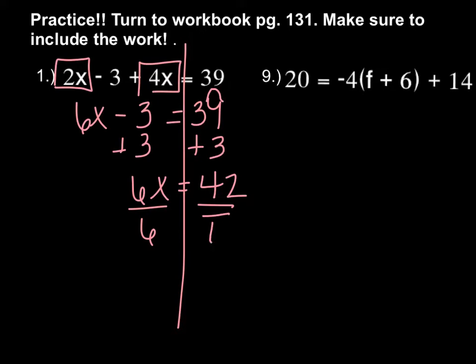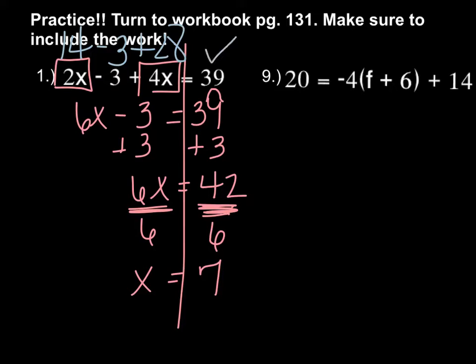Divide by 6. X equals how much? 7. Very good. And if I'm unsure, you can always substitute. 7 times 2 is 14 minus 3 plus 7 times 4 is 28. And that will indeed give me 39.